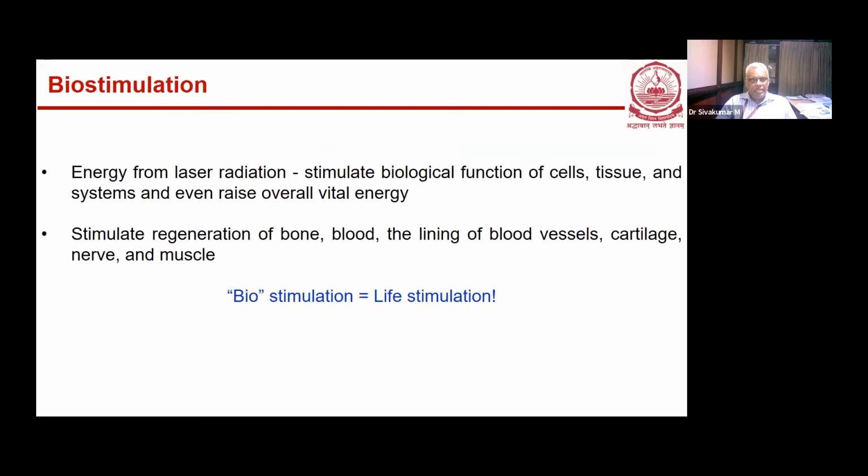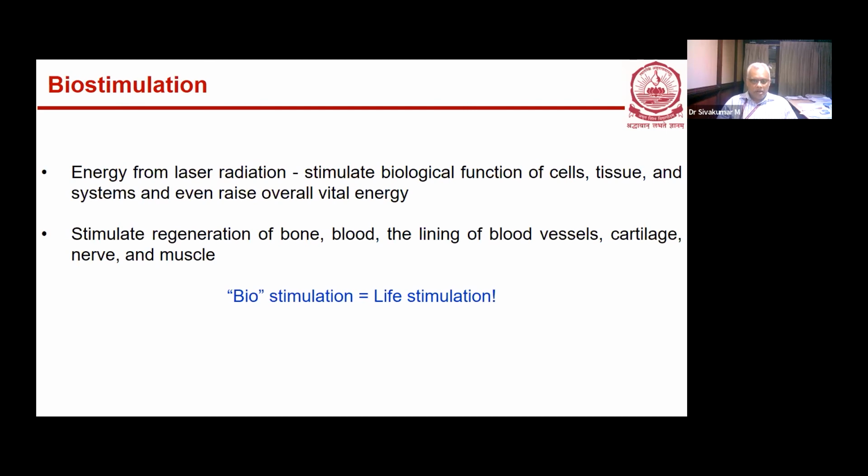So you can see biostimulation, for example. In the case of biostimulation, the energy from laser radiation stimulates the biological functions of cells and then tissue, so that it can improve the vitality, that is, regenerate the cells again, so that dead cells can be triggered and live again.